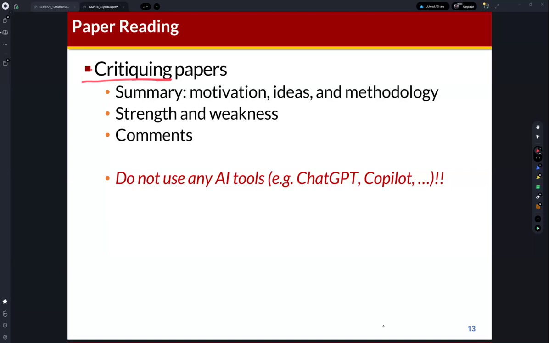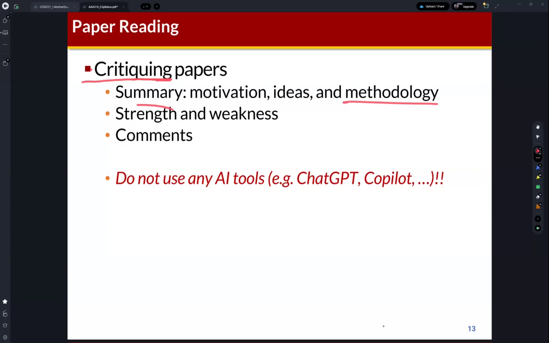This paper critic will include a summary of the paper, and you need to include the motivation of the paper, the main ideas in the research paper, and the methodology. The methodology is how the authors' ideas are evaluated. And then you can briefly include the strengths and weaknesses of the paper, and some comments.